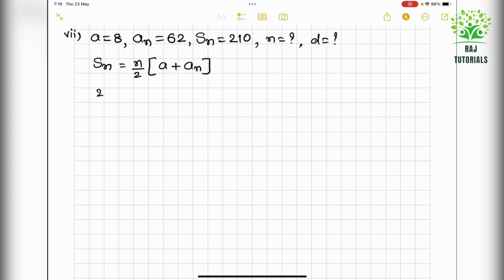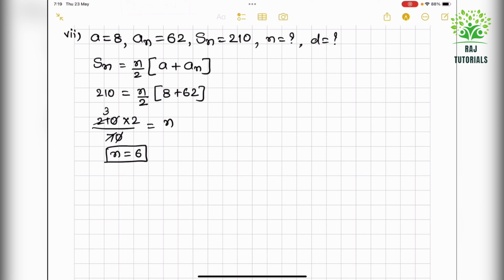So Sn is 210, n by 2, a is 8 plus an is 62. So 210 into 2 by 70 will be equal to n. So n equal to 6.